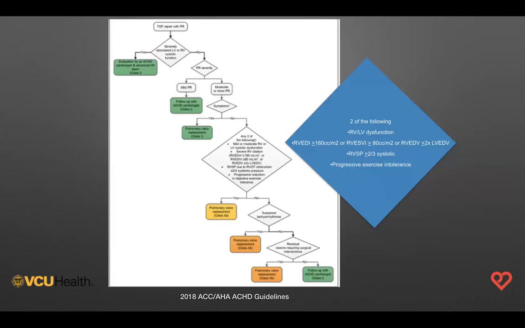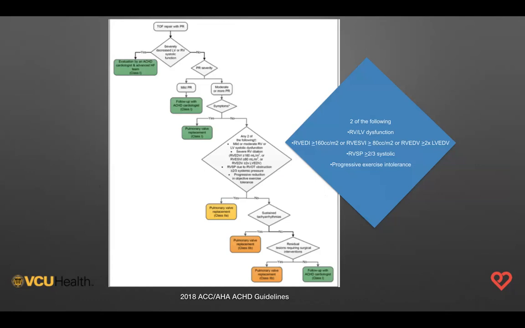When looking at the guidelines, this is the 2018 ACC/AHA Adult Congenital Guidelines. Imaging plays an important role. So if somebody has moderate or more pulmonary regurgitation, and you are trying to decide whether they need to undergo pulmonary valve replacement, they need to have two of the following if they're asymptomatic: RV or LV dysfunction.